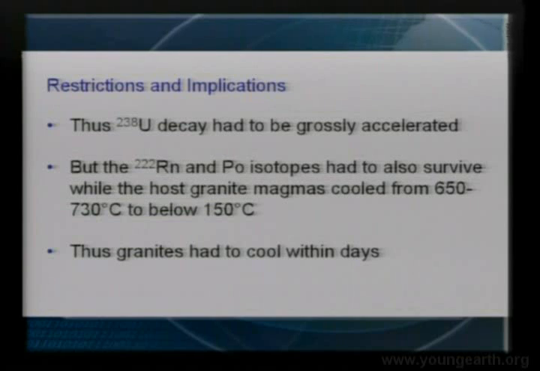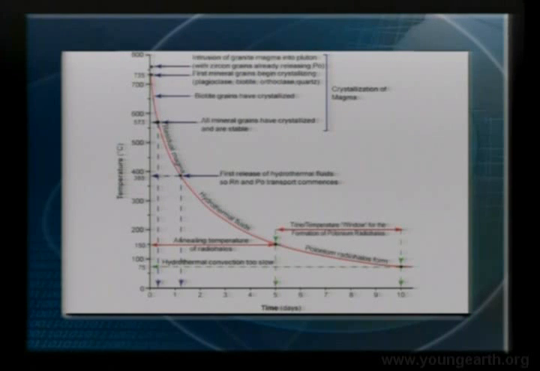And I've developed this further. I'm going to present a paper on this at the conference in Pittsburgh. In fact, this is a diagram from that paper to conceptually visualise what happens. You have the intrusion of the granite at around 700 plus degrees. By the time the magma has cooled to below 600 degrees, all the minerals have crystallised, including the zircons with the uranium in them.